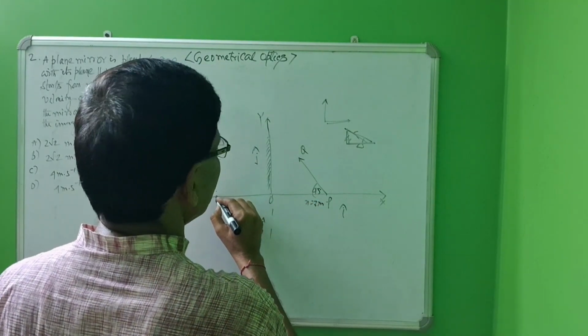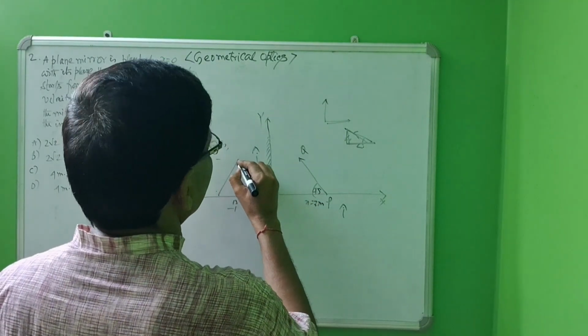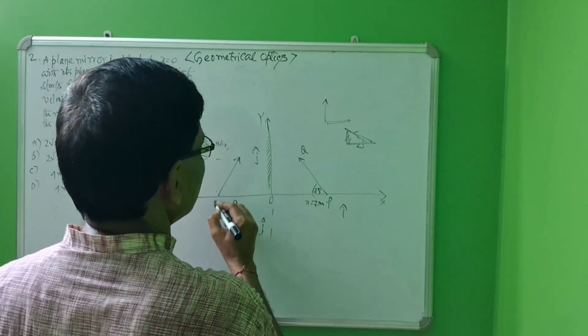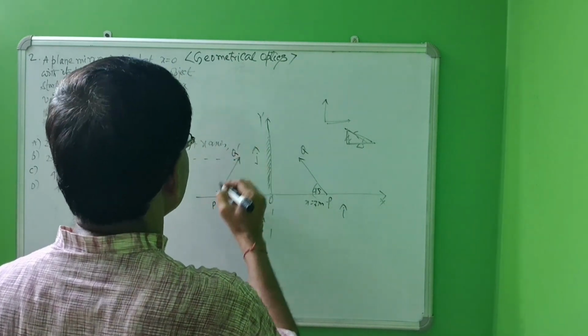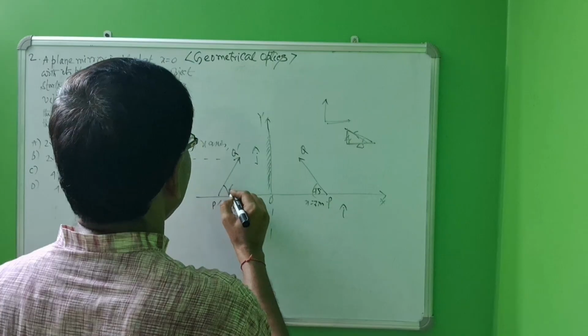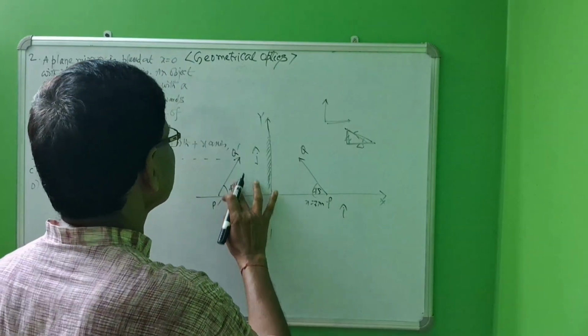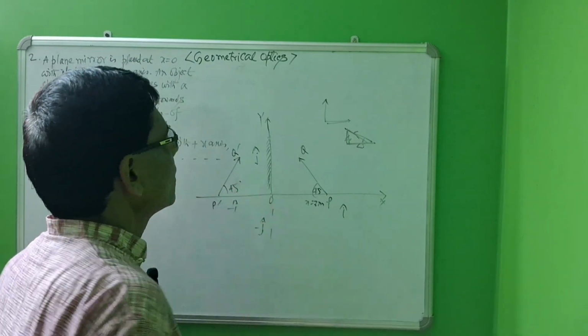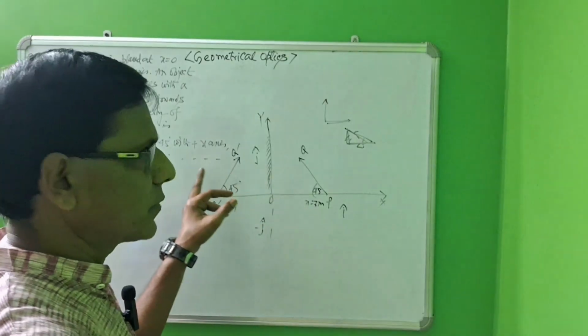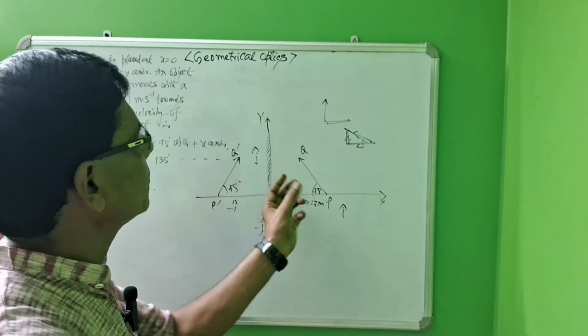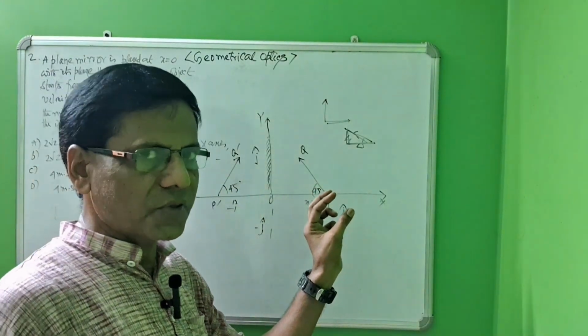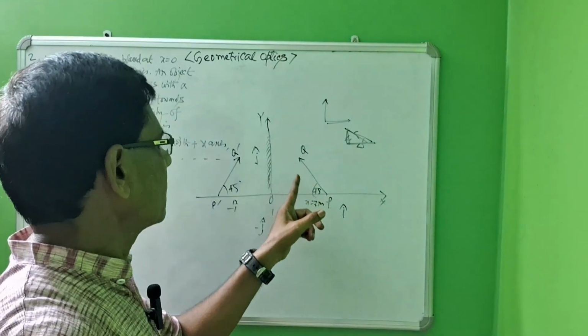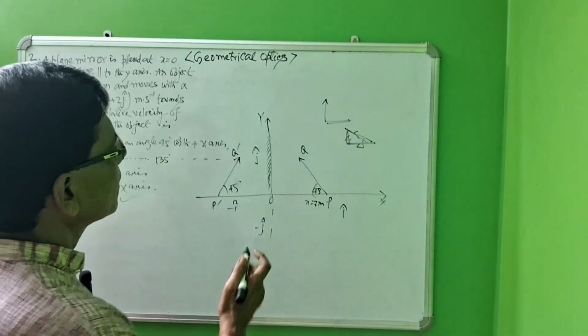So the image is also here. The image is at point P dash, P dash Q dash. Suppose this is also 45 degrees. To find the relative velocity of this image with respect to the object, we have to reverse the object's motion.